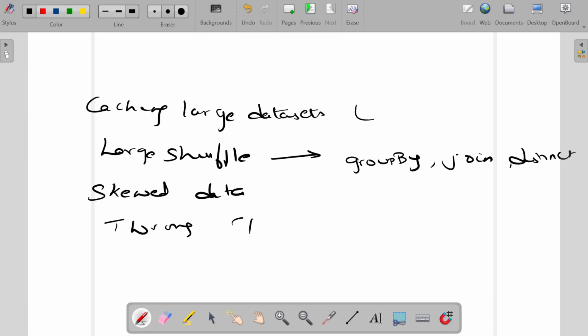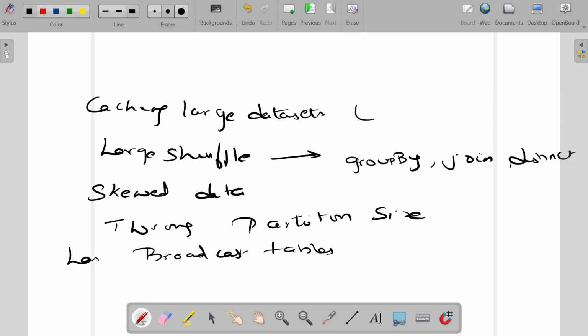And broadcasting large tables is similar to caching large data sets. If you are broadcasting large tables, you are putting a lot of memory to use already.